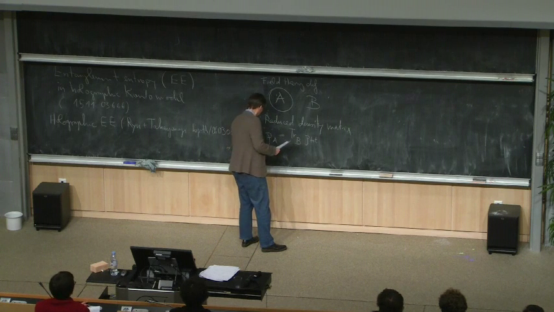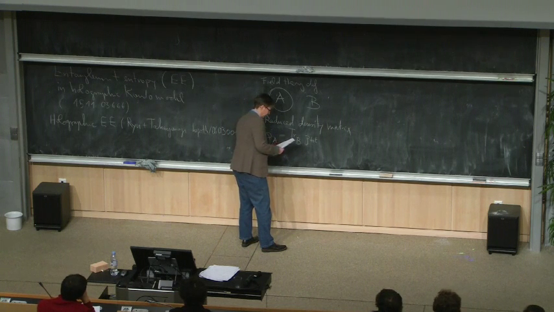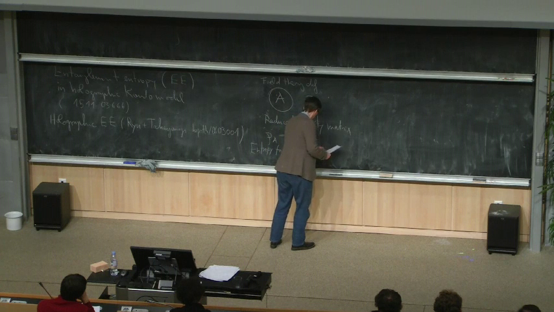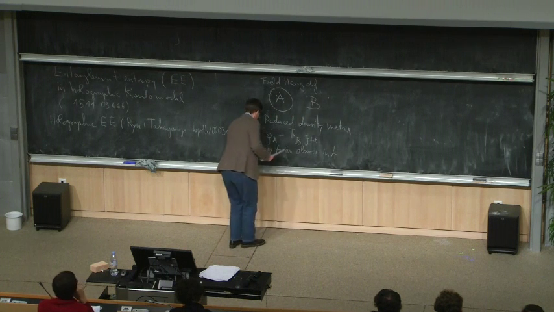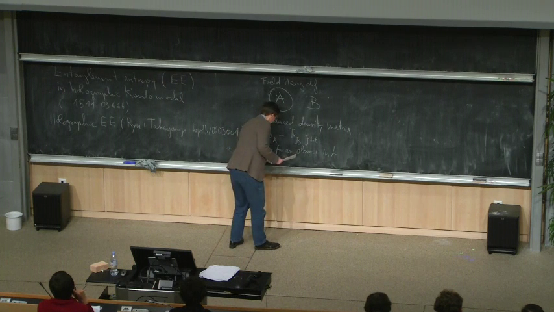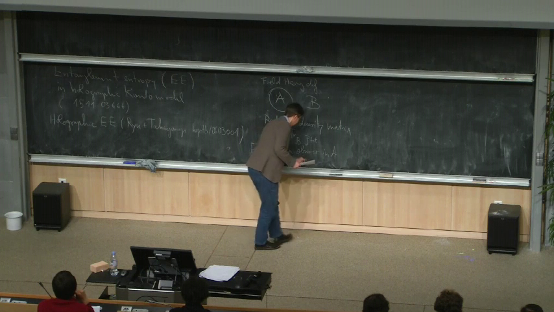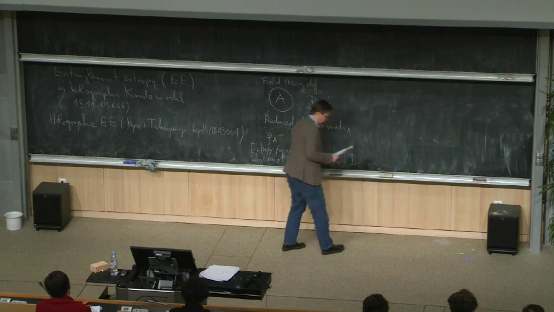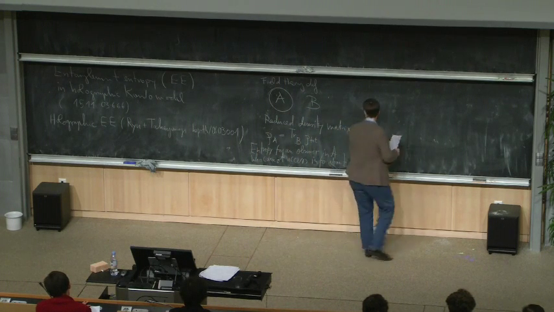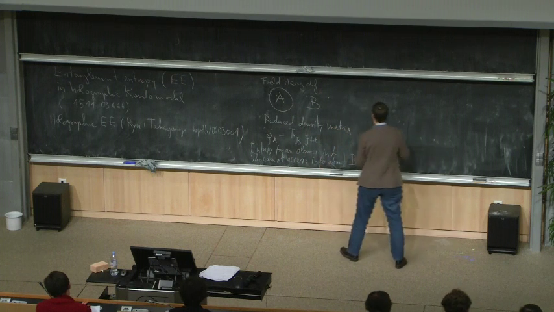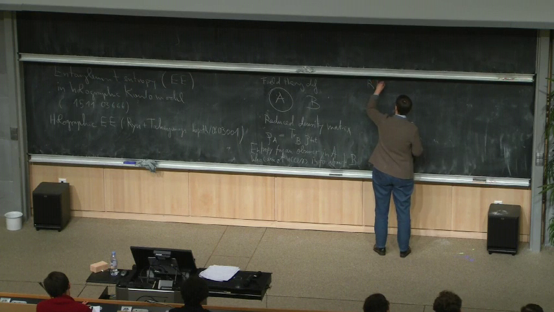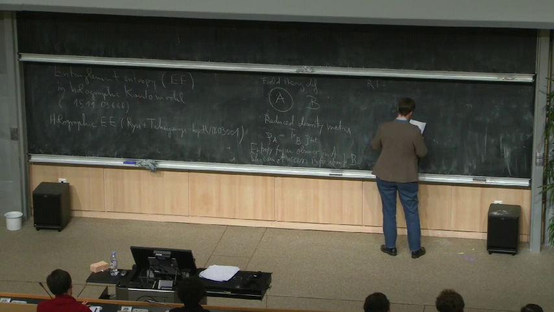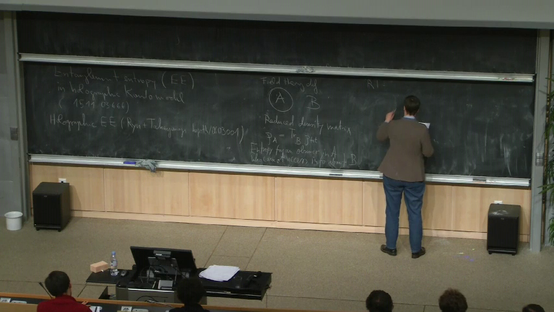So let me write this: the entropy for an observer in A who cannot access information about B. Now, this is something which can be evaluated in field theory, but the proposal of Ryu and Takayanagi was that in holography, you can calculate this quantity by the area of a minimal surface in the additional dimension.